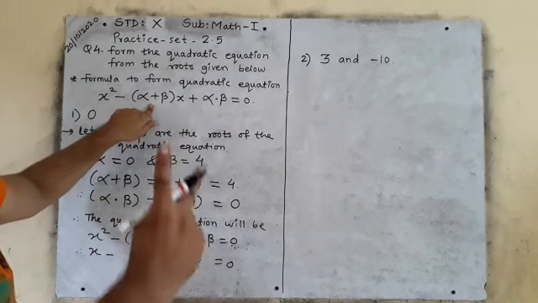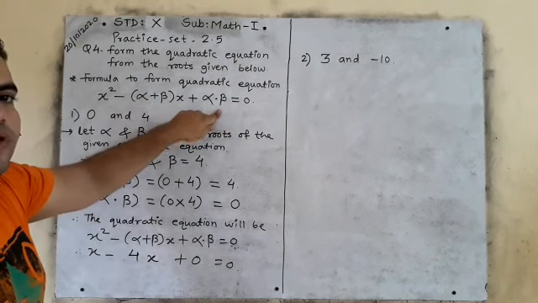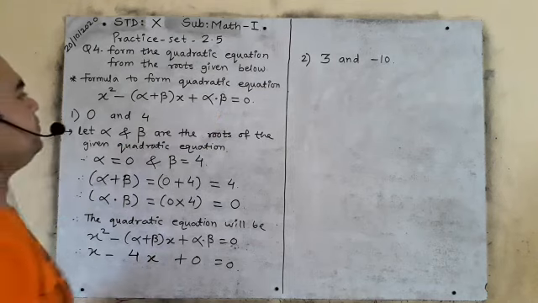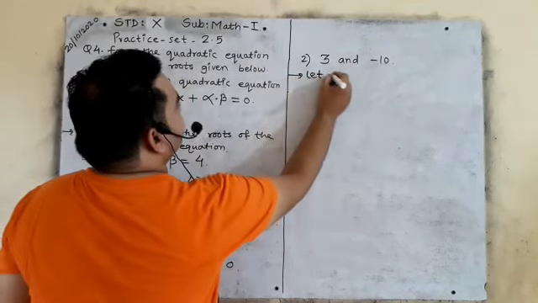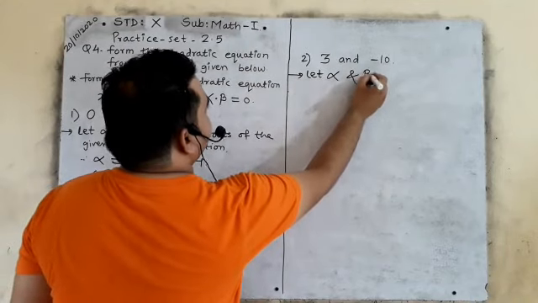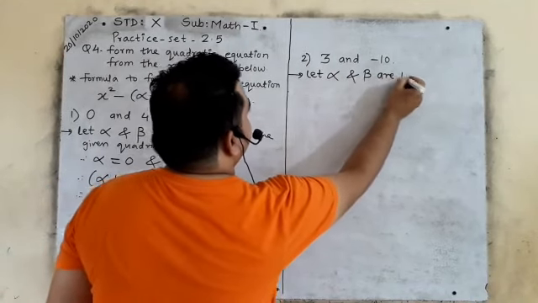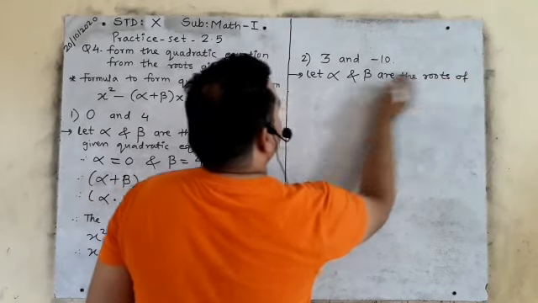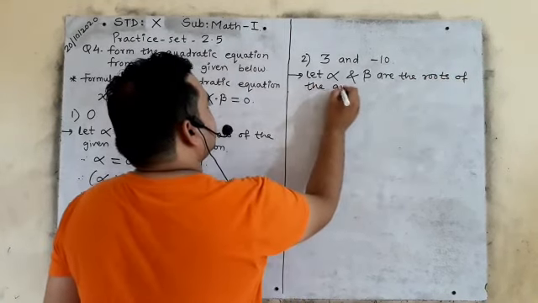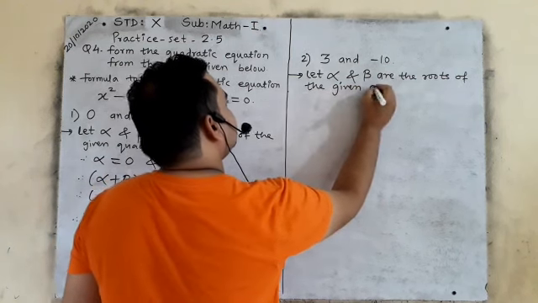Sum of the two roots. What do we read this? Product of the two roots. Okay. Now we will solve this. We will consider let alpha and beta are the roots of the given quadratic equation.